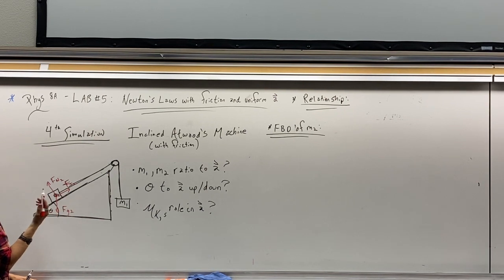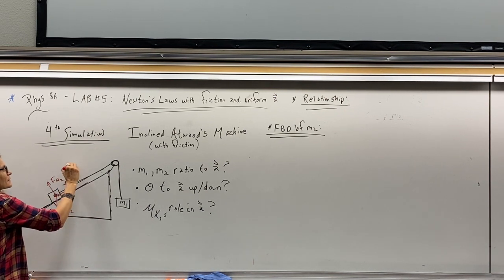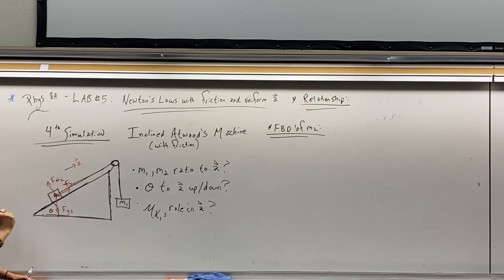So if I assume that it's accelerating in this case, and I don't plug in for my mass, then I'm going to show that my tension vector is more than my weight.